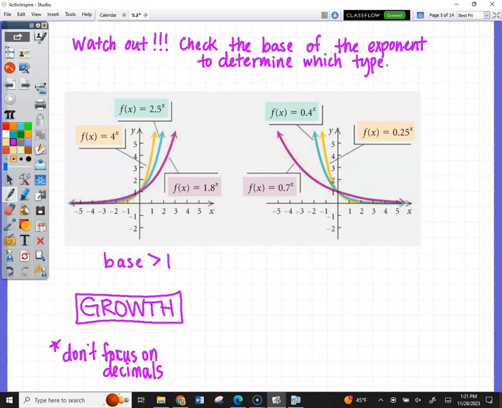And if I throw 1.8 at them, they just see a decimal and they might run with it and think, oh, that's a fraction less than 1. No, the whole part's a 1, and then the fraction's the 0.8. So don't focus on decimals, focus on just, is the number bigger than 1 or less than 1? If I was trying to graph it, where would it fall? Over here, if the base is less than 1, it is decay.